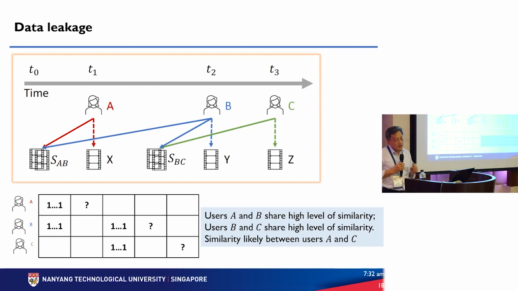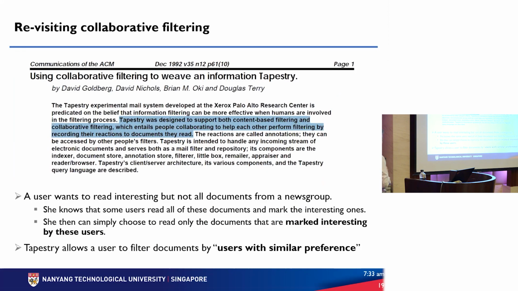Okay, so we might want to go back to the origin of the recommender system. Okay, the very early origin, when we started to use the term collaborative filtering. What does this mean? All right, so we go back to history, and the first paper that proposed the term collaborative filtering was in 1992.